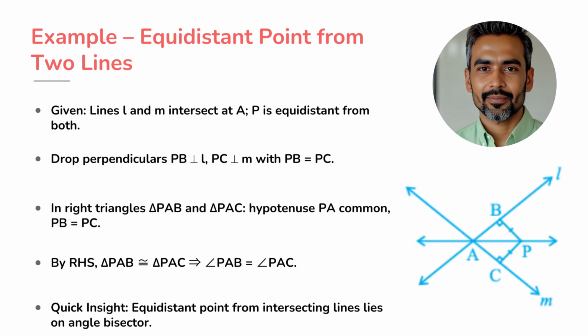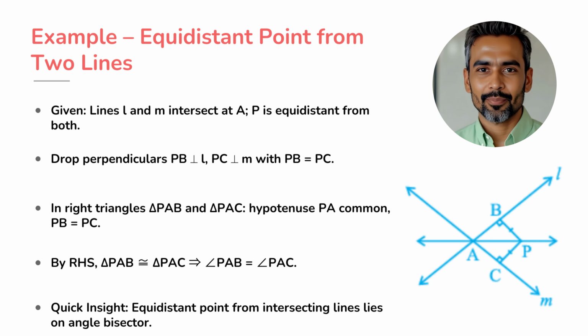Hello everyone. Let's take a curious case of equidistant points from two lines that intersect. Suppose lines L and M intersect at point A. Now, we have a point P which is equidistant from both of these lines. That means the perpendicular from P to line L and the perpendicular from P to line M are of equal length.